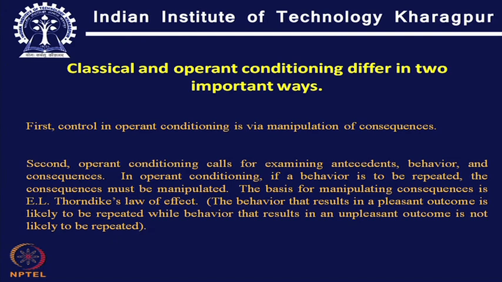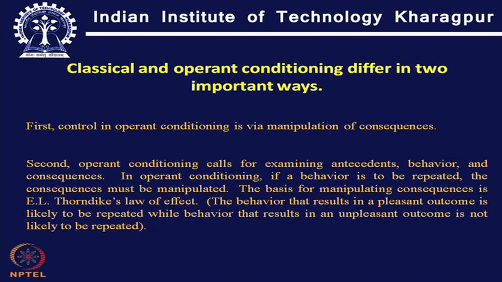Second, operant conditioning calls for examining antecedents, behavior and consequences. In operant conditioning, if a behavior is to be repeated, the consequence must be manipulated. The basis for manipulating the consequence is Thorndike's law of effect.